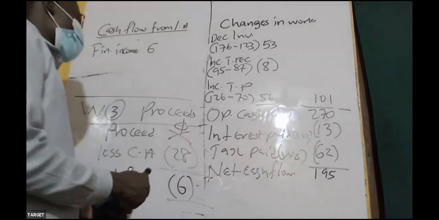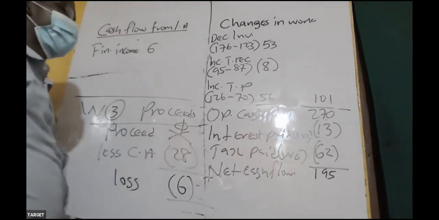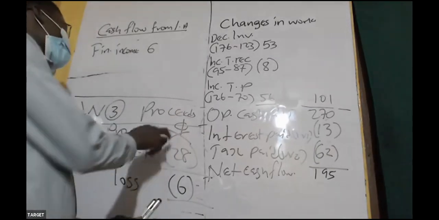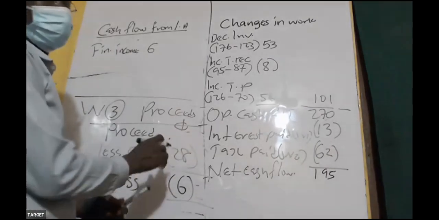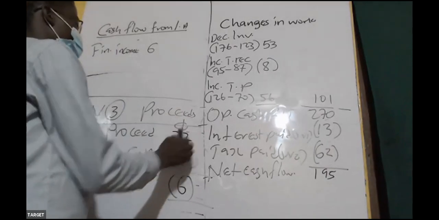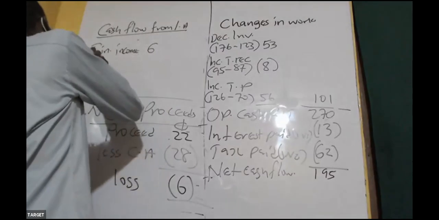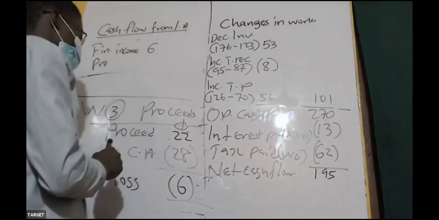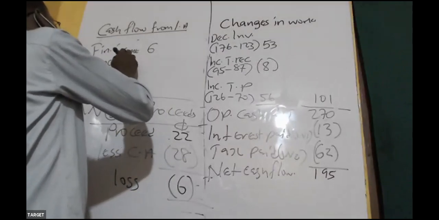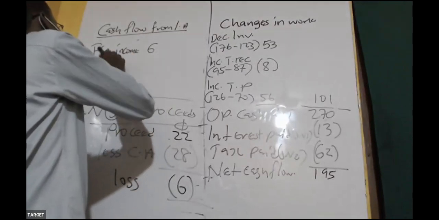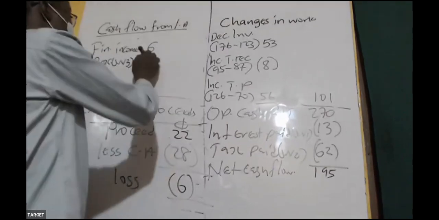The question is, what should I subtract 28 from so that at the end of the day I'll get negative 6? That means whatever I say should be lower than this by 6. So subtract 6 from 28, which is 22. So that means the proceeds are 22. So you come here, proceeds, in brackets, working number 3. The proceeds are 22, a positive figure.